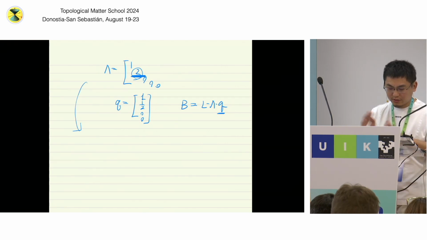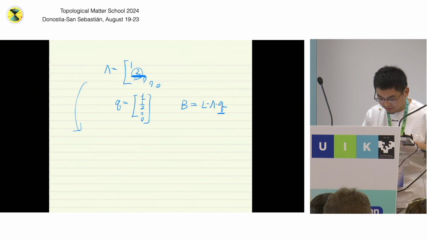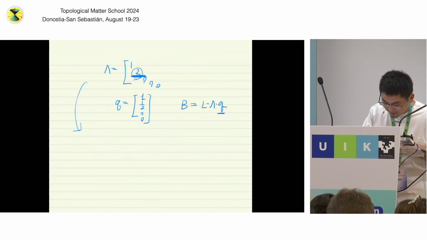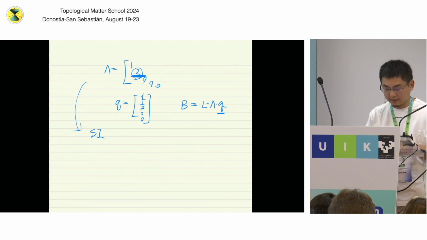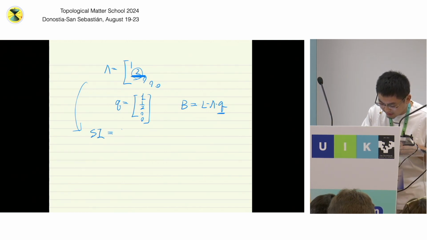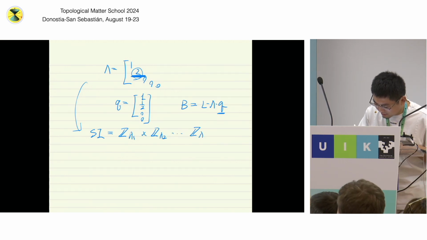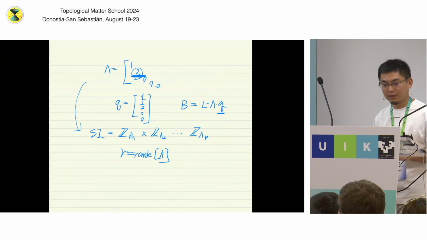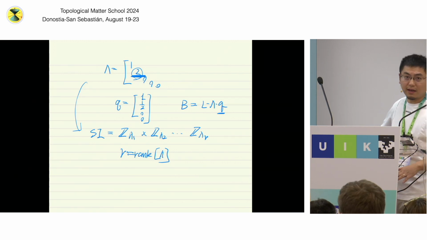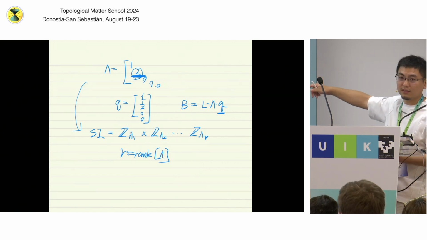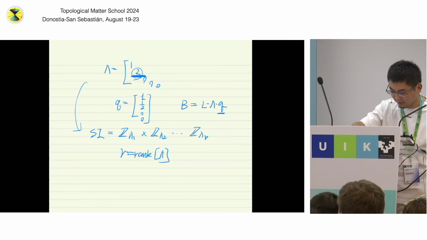You can work this out yourself. It's very simple. So the conclusion is that the classification of symmetry-based indicators is simply given by this. Here R is the rank of the lambda matrix. If all this lambda is identity, then Z1 is trivial, so you have a trivial classification.